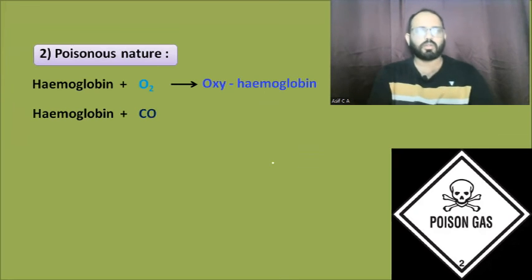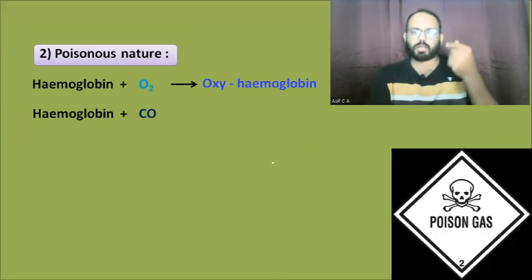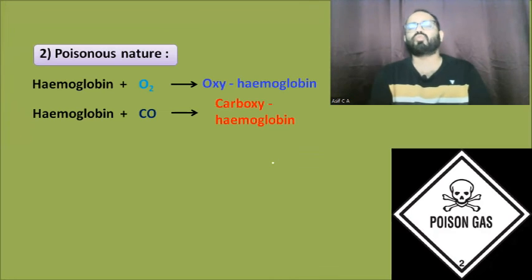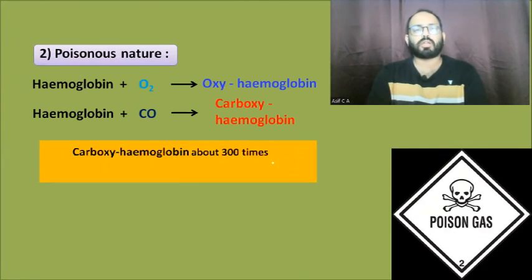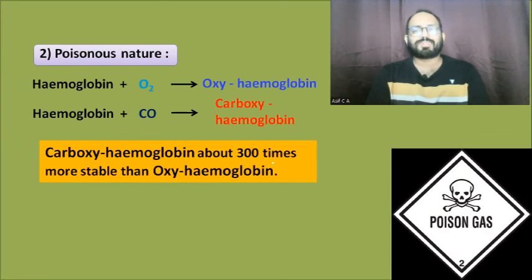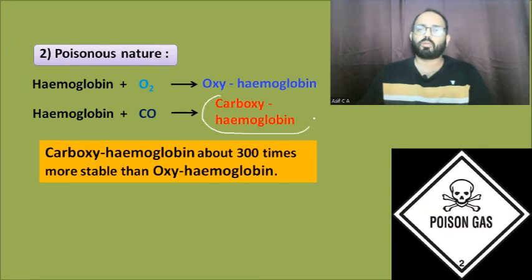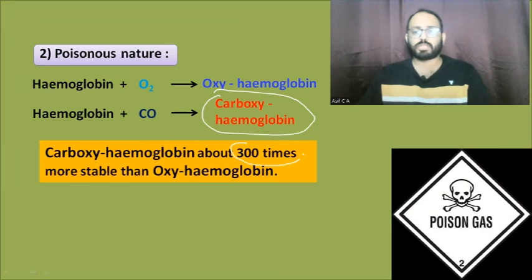But when, instead of oxygen, carbon monoxide comes and makes a bond with hemoglobin, we will get carboxyhemoglobin. This carboxyhemoglobin is 300 times more stable than oxyhemoglobin. Carboxyhemoglobin is 300 times more stable.